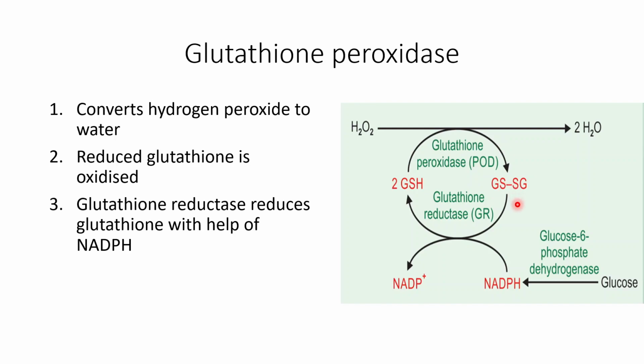This conversion is brought about by the enzyme glutathione reductase, which adds the hydrogen, causing reduction. This hydrogen is given by NADPH, which donates the hydrogen and gets converted to NADP. The hydrogen donated is taken up by the oxidized glutathione and converted to reduced glutathione. This NADPH comes from the HMP shunt, and the enzyme required is glucose 6-phosphate dehydrogenase. So this is how the whole mechanism works.